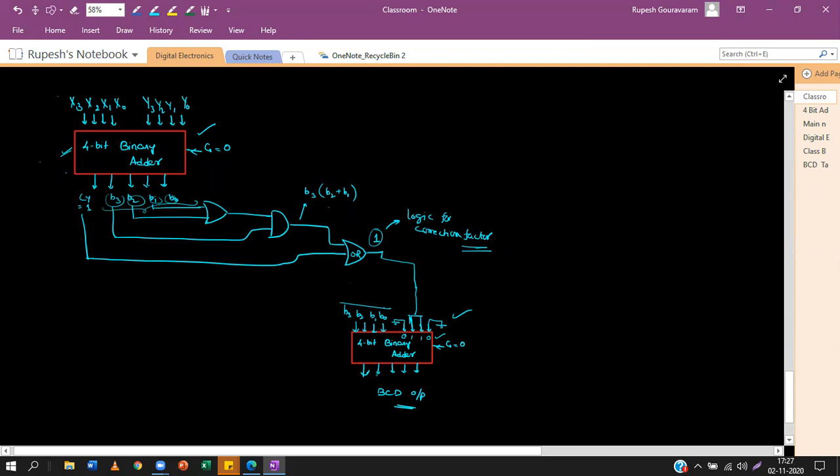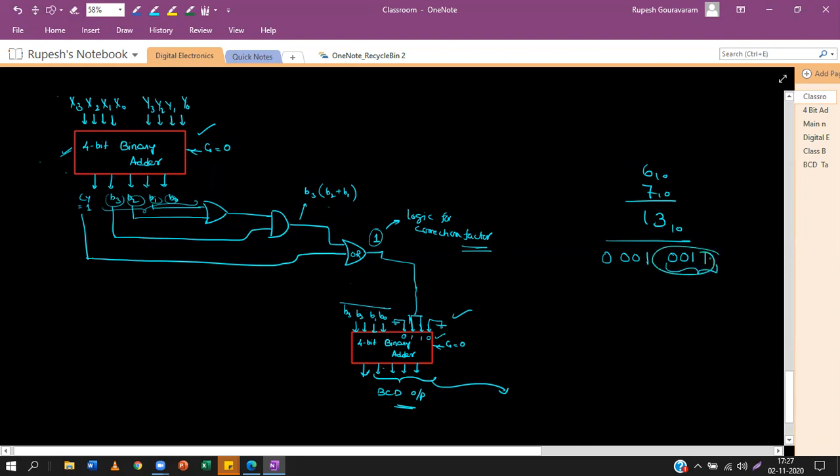Now, suppose we have added 6 and 7, right? 6 in decimal and 7 in decimal, we have got 13 in decimal. So 13 in decimal means 0001 and 3 represents 0011. So 3 is represented by 0011.